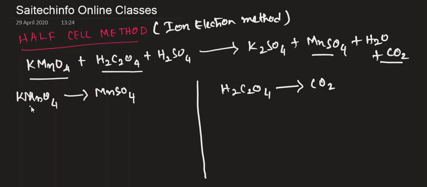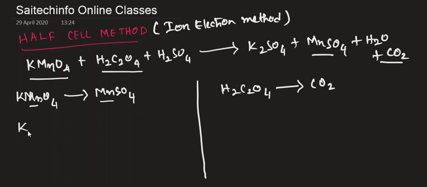Now we have to focus on the main cation, manganese. And then we need to focus on the sulfate anion. There is no sulfate here, here there is a sulfate. And instead, you need to concentrate on another cation, potassium. So let us concentrate on potassium. There is no potassium here.